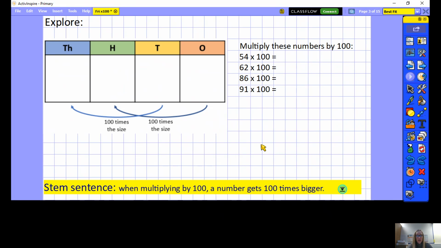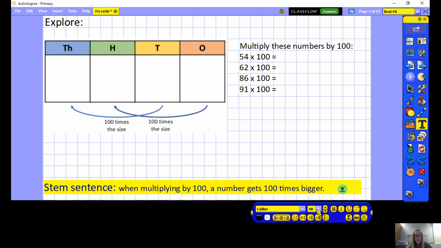Let's have a little reminder of how we can multiply numbers by 100 using a place value chart. So we'll work through some of these questions together. The first question is 54 times 100. To make the number 54, we've got 5 tens and 4 ones.